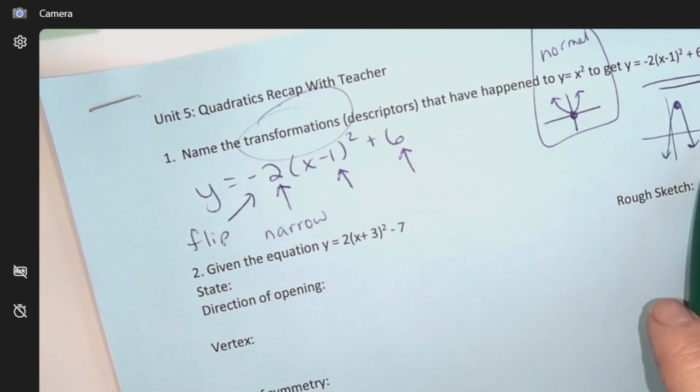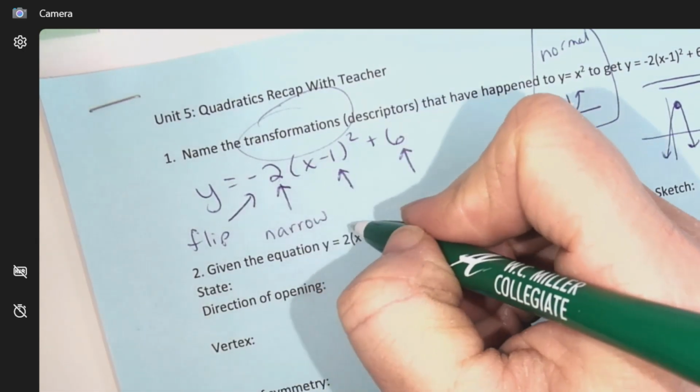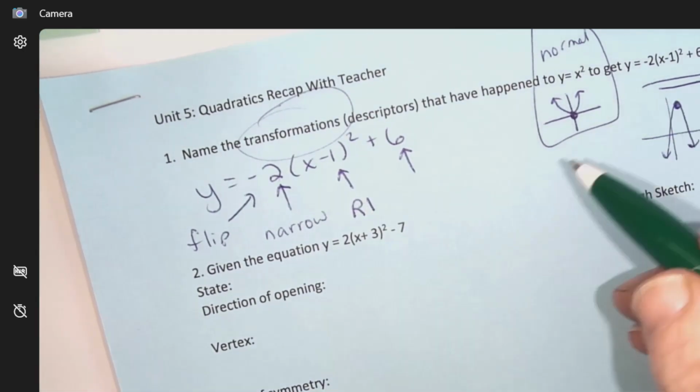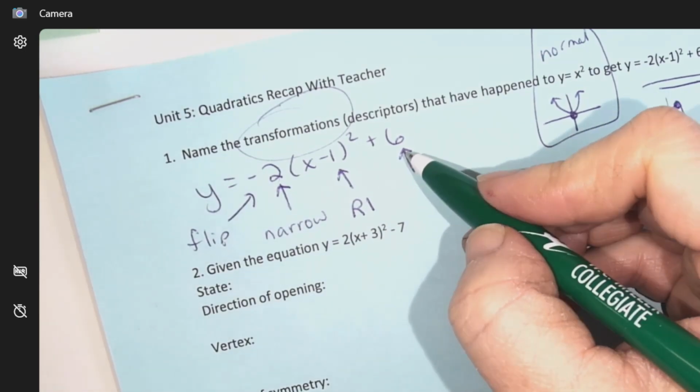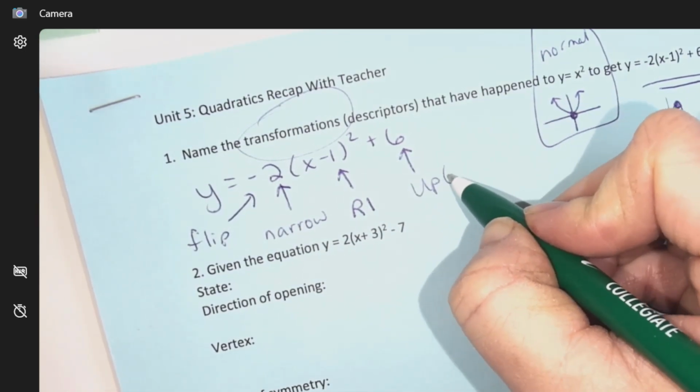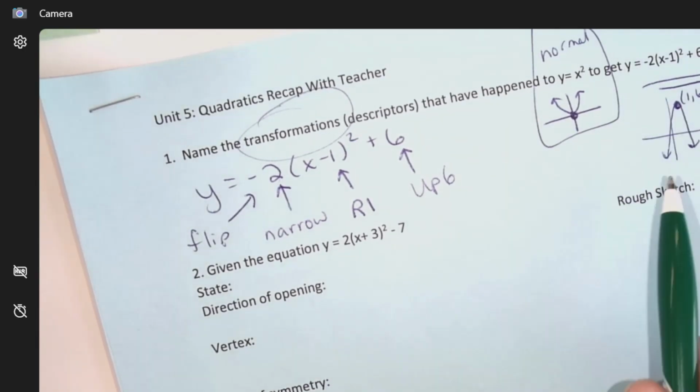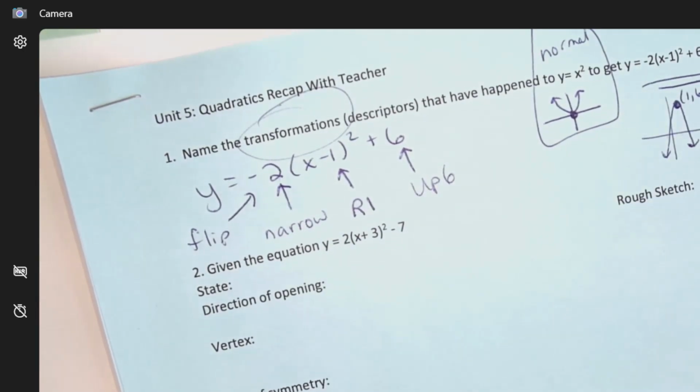Can you see? It moved right. The vertex is at 1, and then it's also up. You can use your calculator to see where your vertex is, so it has moved right and up. Okay, there's the flip, and it did get skinnier.